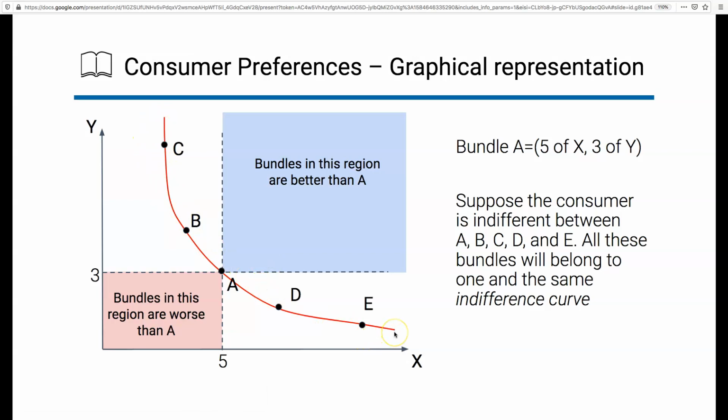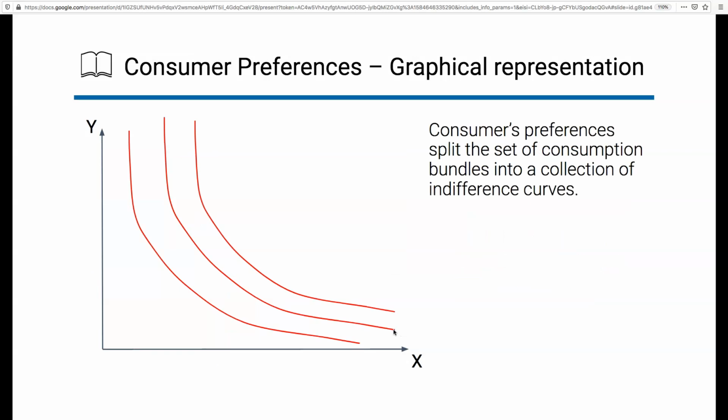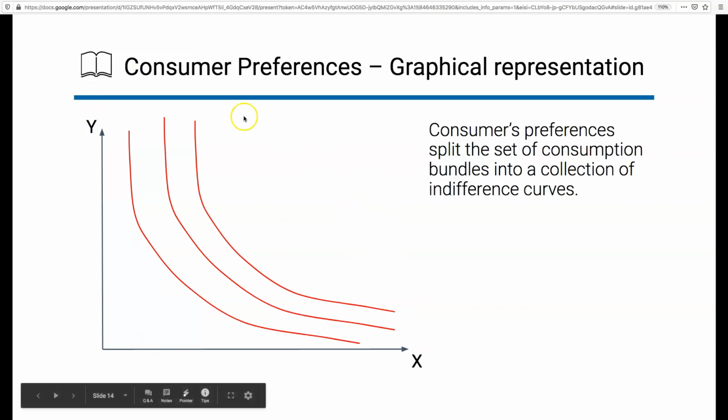So an indifference curve captures all bundles that have the same utility. And so if we vary utility, we can get various different indifference curves. So going back to the original set of all alternatives, we basically can split that set into a collection of indifference curves. And each indifference curve will stand for a particular utility level.